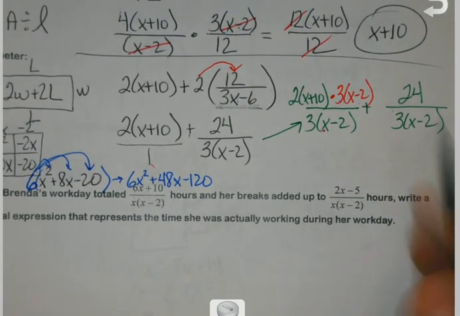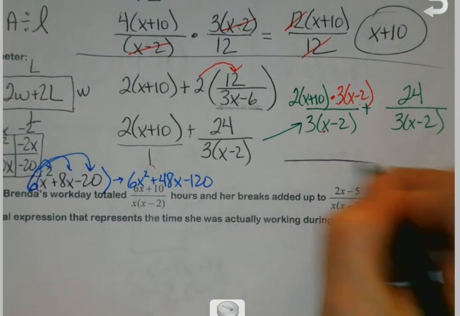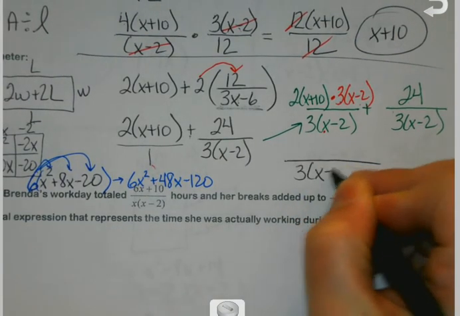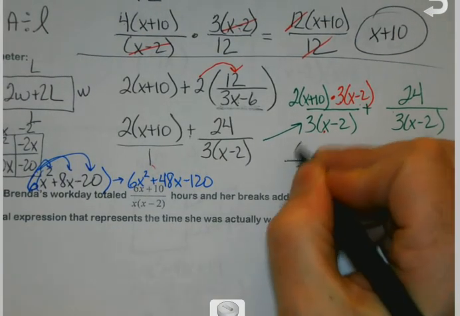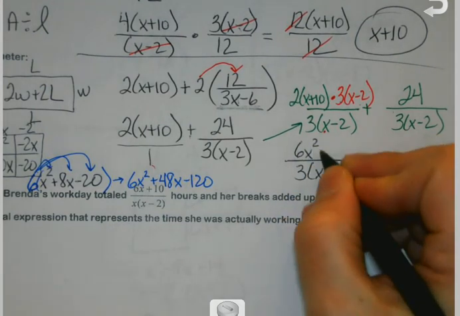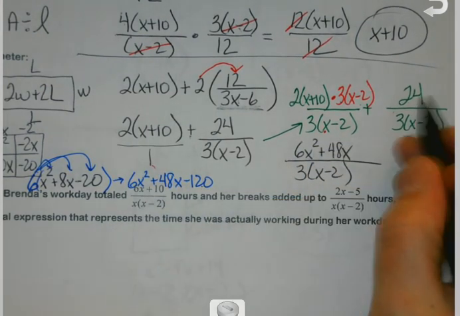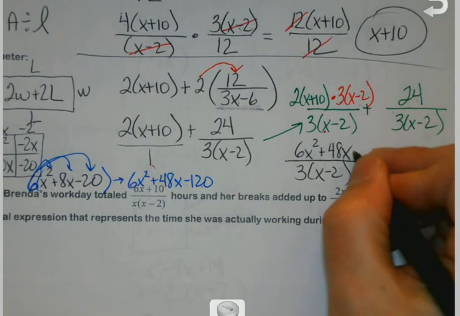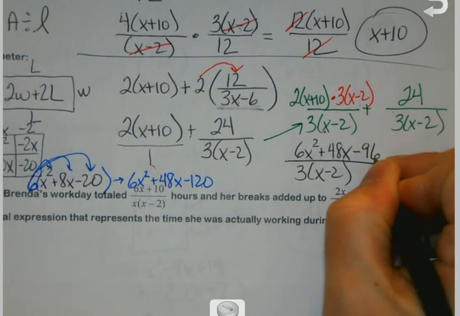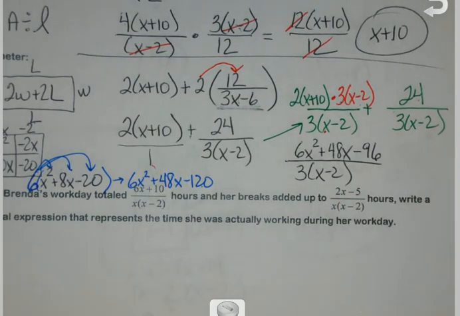And then the only part left is I got to add 24 to it. So I rewrite this. Oh, but we got this. 6x squared plus 48x, negative 120 plus 24 is a negative 96.